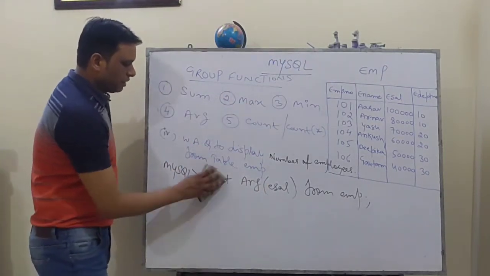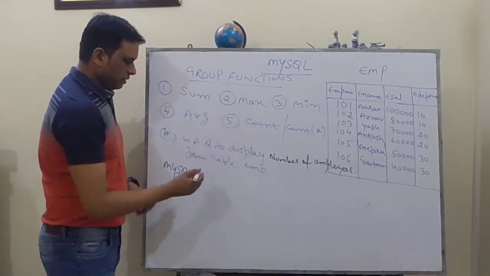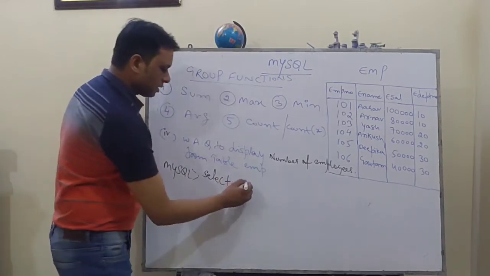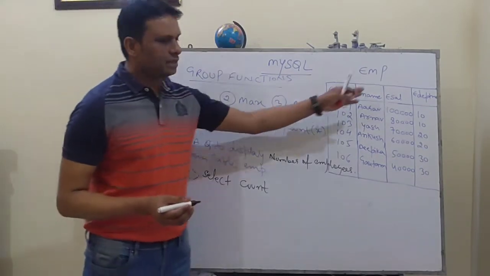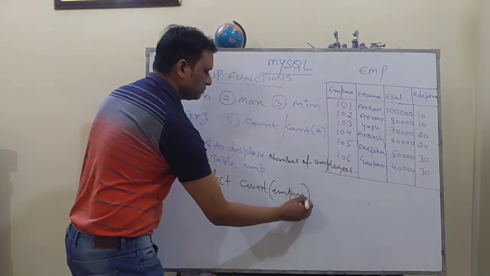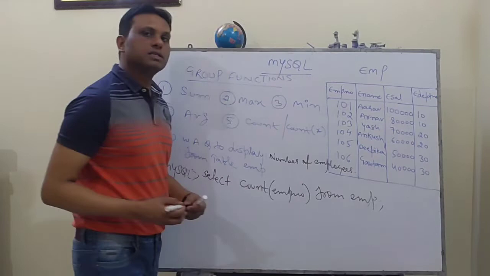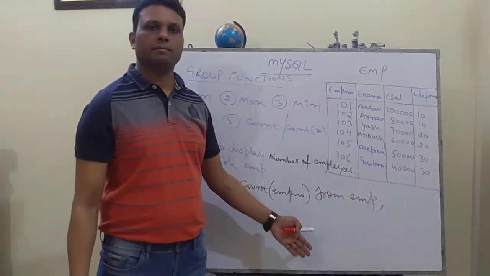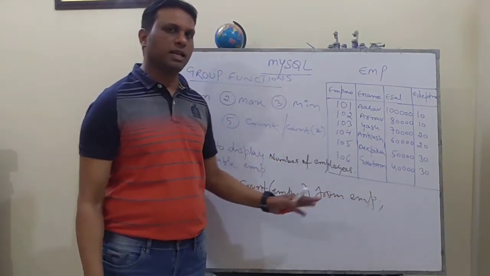So for that, we have to write MySQL: select count. What to count? We can write anything from these columns. So if I write EMP number from EMP, then what result will we get? We'll get the answer as 6 because there are 6 employees in this.